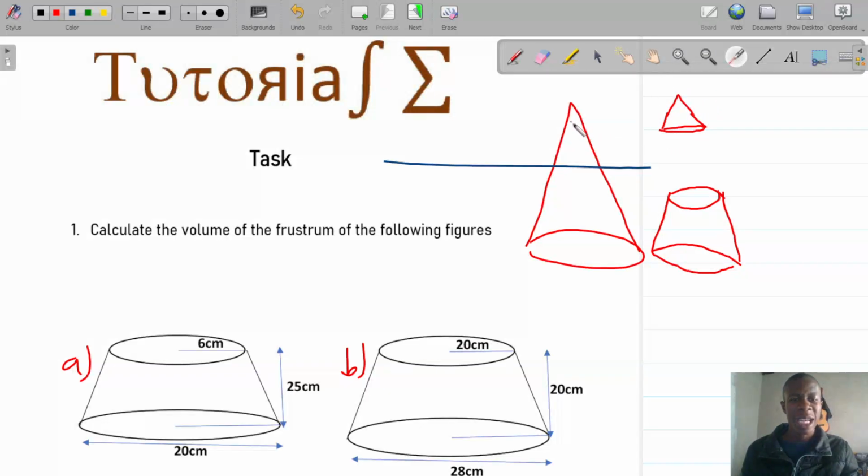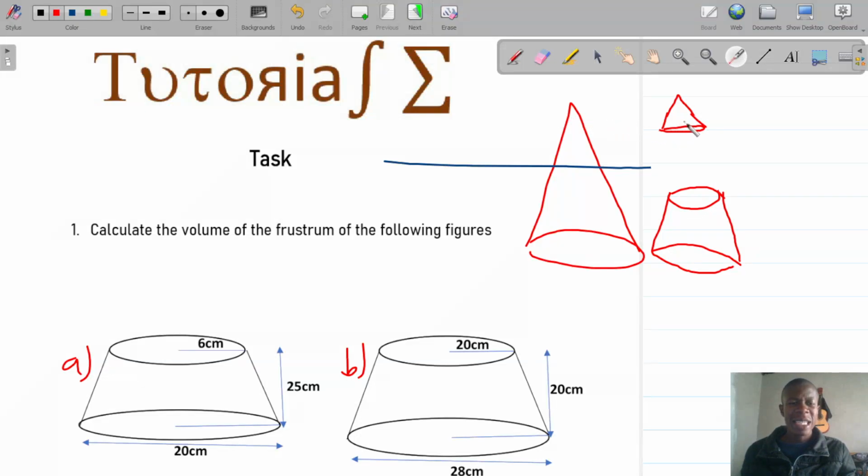That will leave a shape at the bottom that doesn't look like the original shape. So the shape that is left that doesn't look like the original shape is what we are calling a frustum of this original shape.